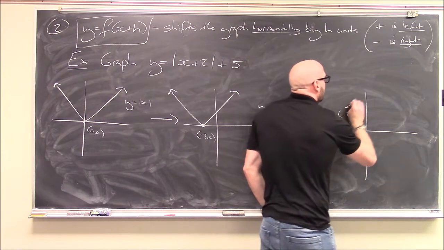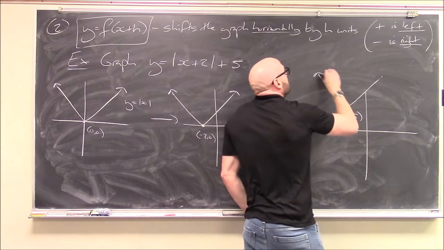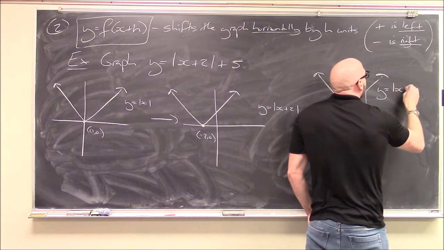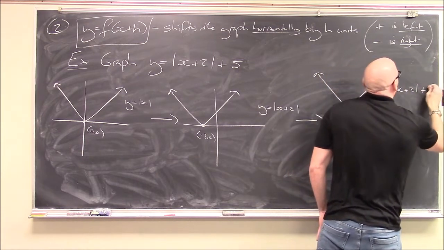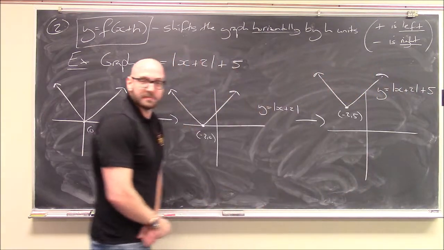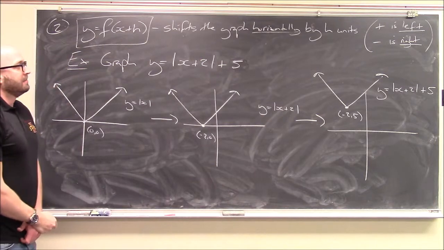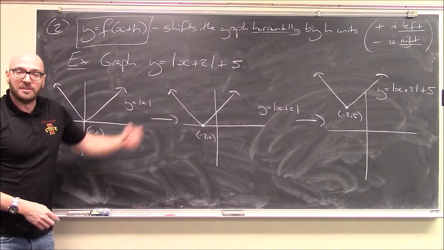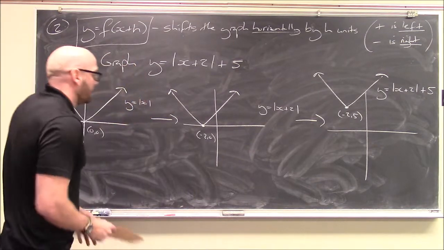So that whole thing shifts up 5 units. Shape stays the same. And there's the graph. Y is the absolute value of x plus 2, plus 5. So slightly more interesting now that we're combining horizontal and vertical shifts together, but we're going to do even more than this.